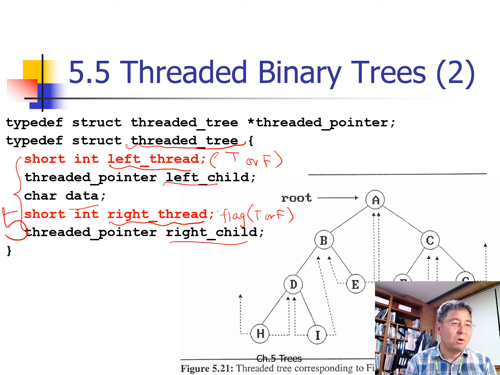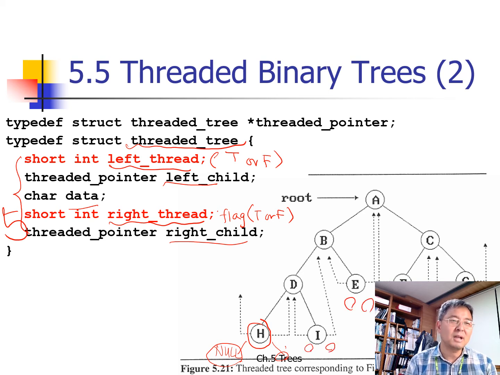They are all solid lines here, but at the leaf node H, the left child and the right child link fields are all null, because there are no right or left subtrees. So they all have null values. These null values are a waste of memory space.